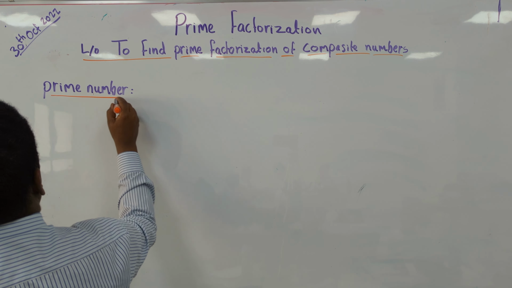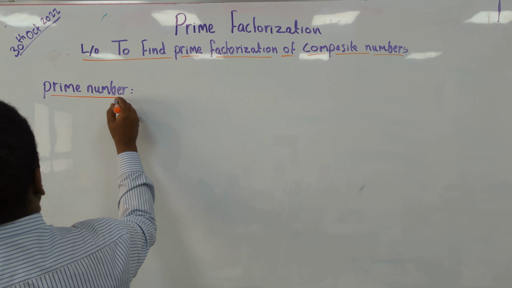Now 7 is the next one, and then what will the next one be? Not 8. 11. So the next one will be 11. And then the next one? 13. Well done. Those numbers can go on and on and on.